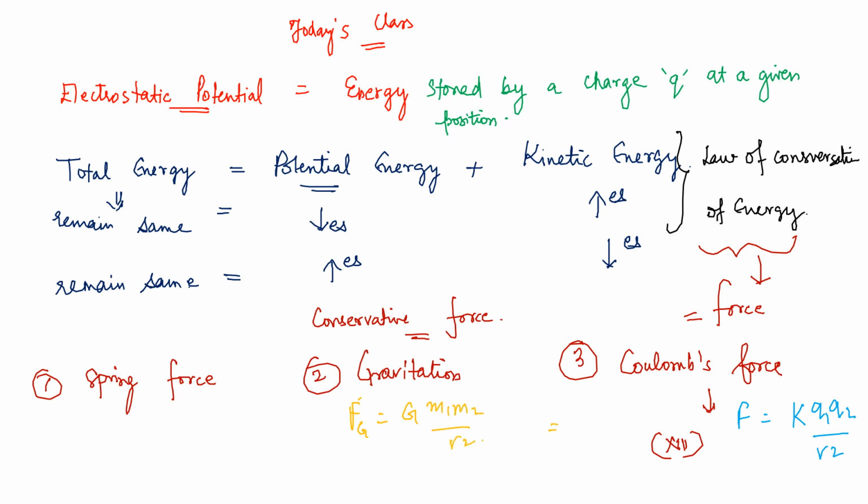So these two show a similar formula. So we can define potential for the gravitational force. As these two forces are similar and show an inverse square law relation, we aim at defining potential for electric charges also.